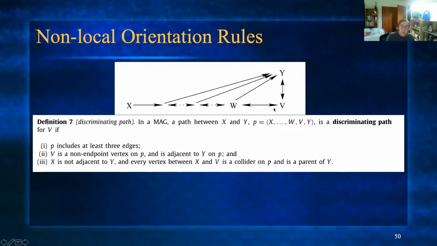You have a similar problem with respect to adjacencies. It turns out that in order to determine that two variables X and Y are not adjacent, that there's some set of variables that I could condition on which would d-separate X and Y, I would have to look not only in variables that are adjacent to X to condition on, or variables adjacent to Y to condition on, but I might have to look at variables which are in some sense far away from X and Y in order to condition on them.